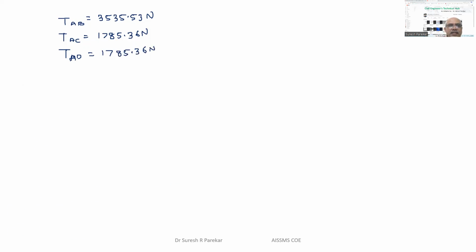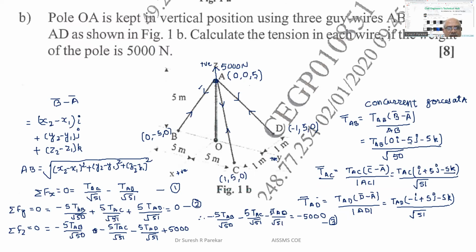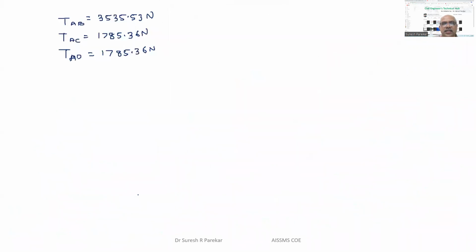Do not be afraid that these two values are the same, because if you see this equation, you will come to know the value of TAC and the value of TAD should be the same. And we have these values same. So likewise, we have to solve this problem.